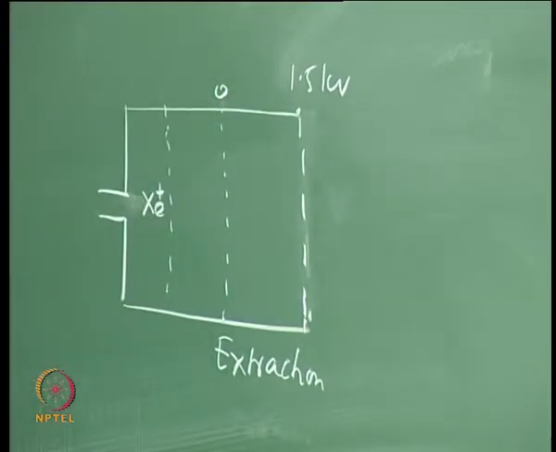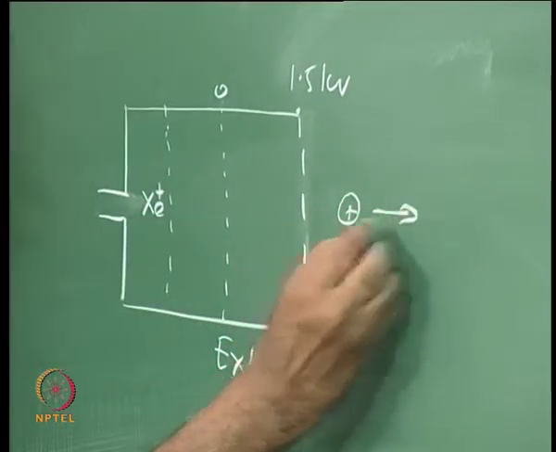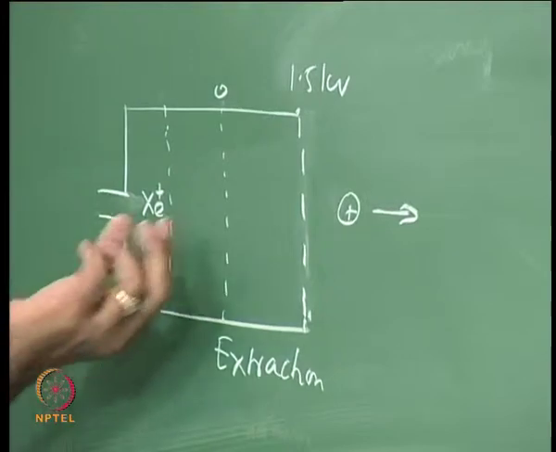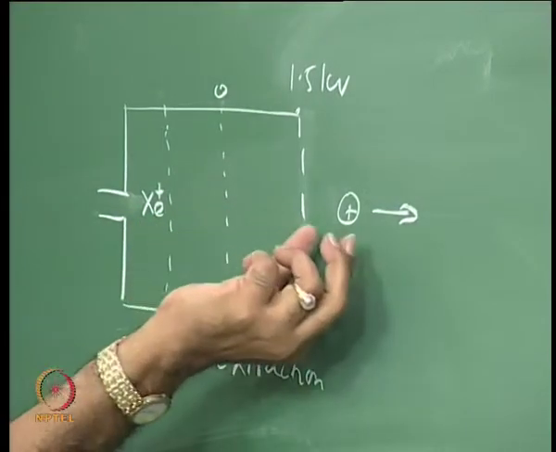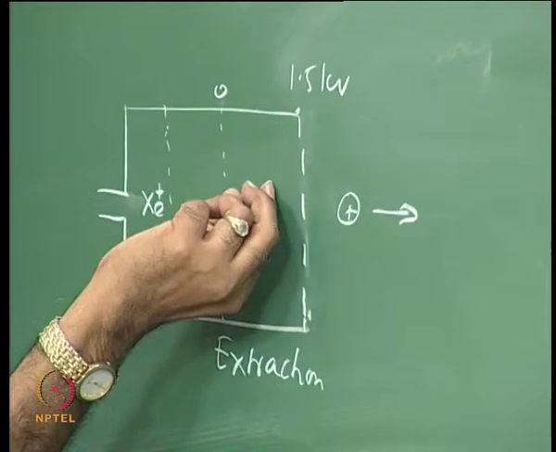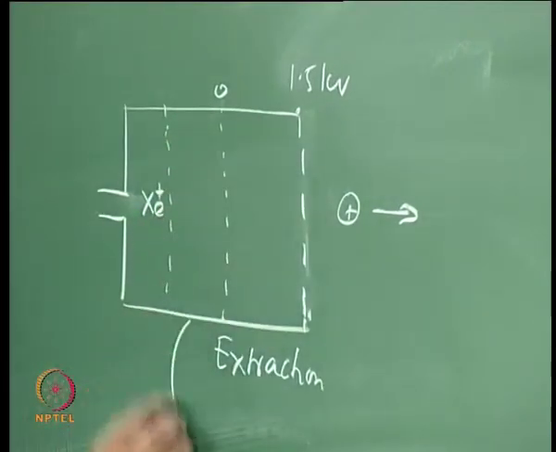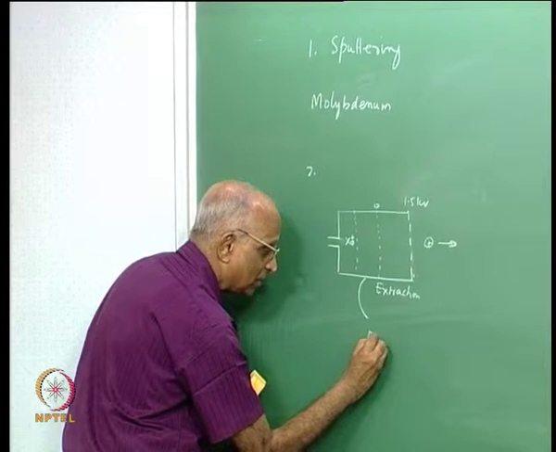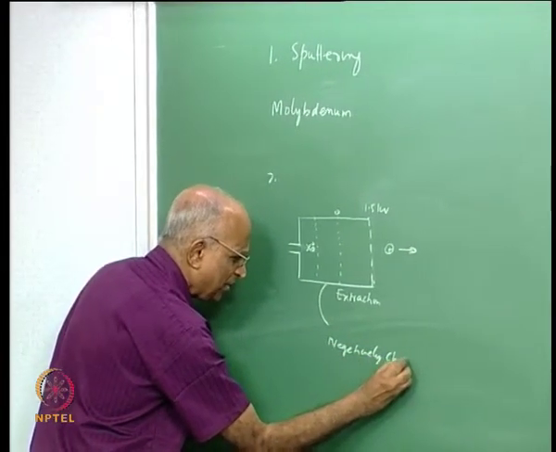Now what is going to happen? The positive ions are going out, being accelerated at high velocity, all the electrons are getting accumulated within, somehow here. And how are positive ions getting generated? You are removing electrons from it, you are removing the positive charges from it, therefore the thruster becomes negatively charged. Because what is it we are doing?